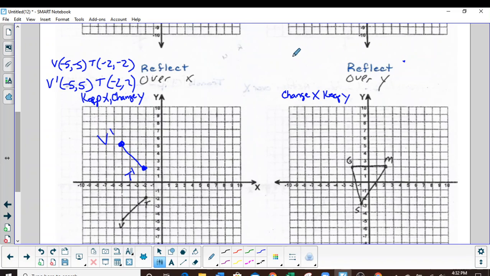I don't have room there. Let's go right here. G is -2, +2. M is 2, 2. And S is -1, -3.